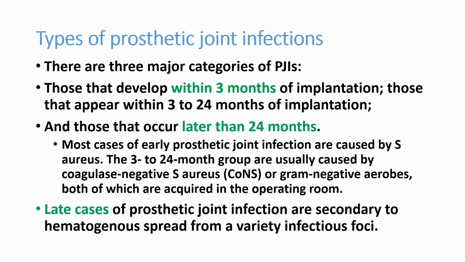So remember, all these hospital acquired infections are multi-drug resistant or MRSA in the joint. Late causes for prosthetic joint infections are secondary to hematogenous spread from a variety of infectious foci. So according to the time of infection, there are three important types, and according to that, the organism also can be different.